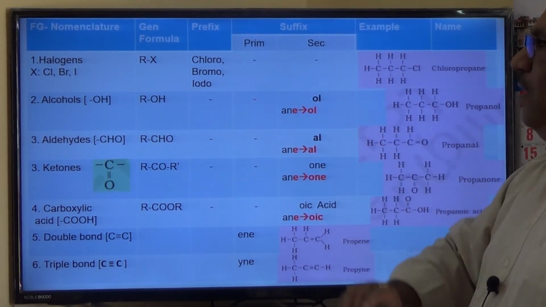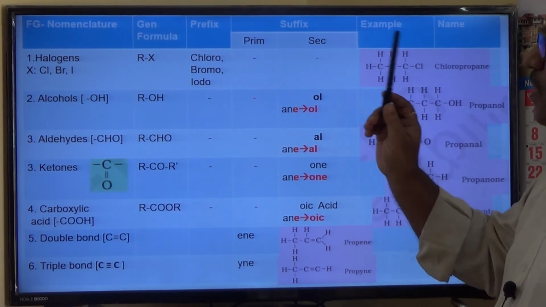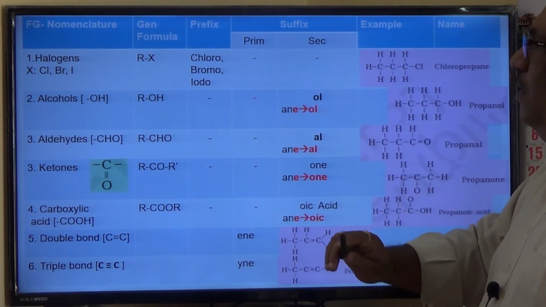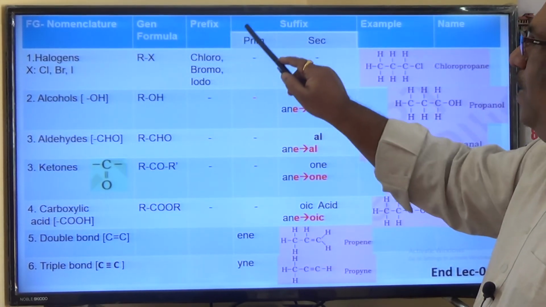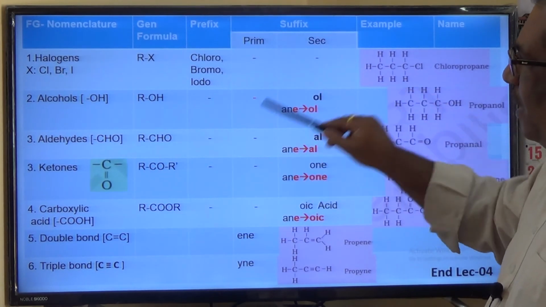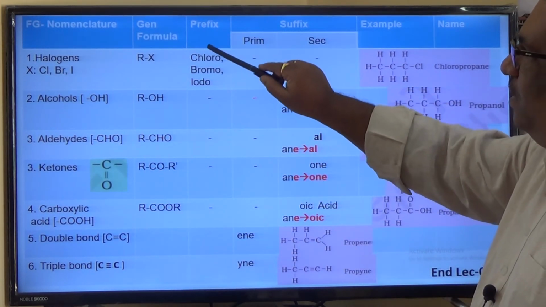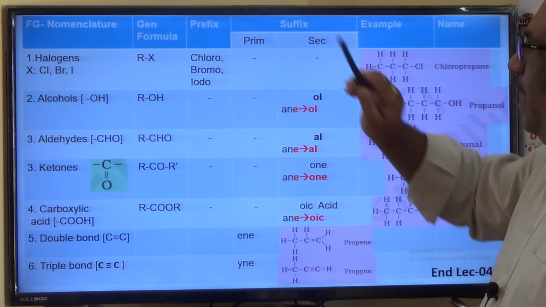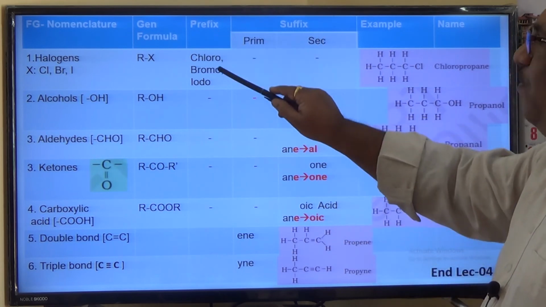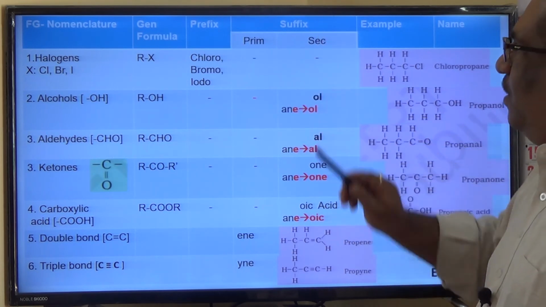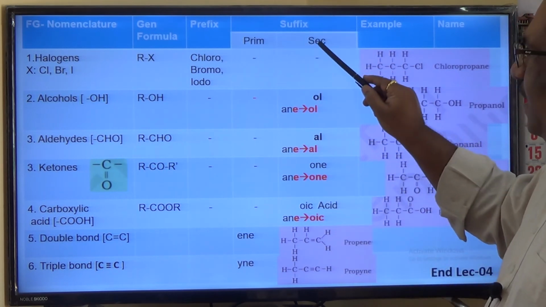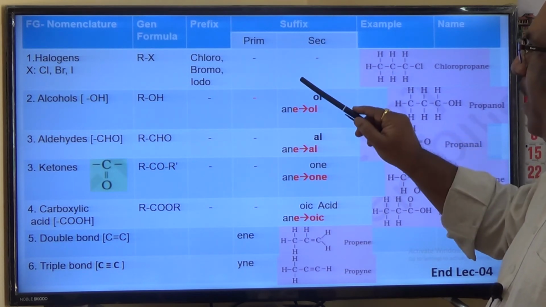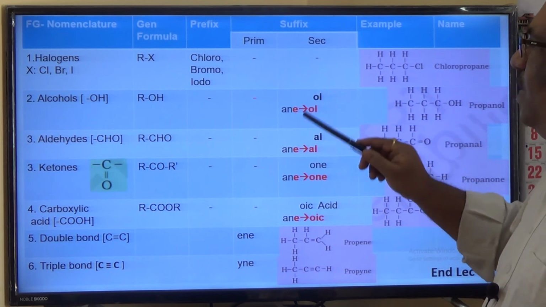You already know the nomenclature consists of root word, prefix and suffix. Between prefix and suffix you will have a root word. In this chart, we see in which functional group the prefix is to be attached, what the phrases for the prefixes are, and for which functional groups the primary suffix and secondary suffix are to be added, and what the name is based on the functional group.